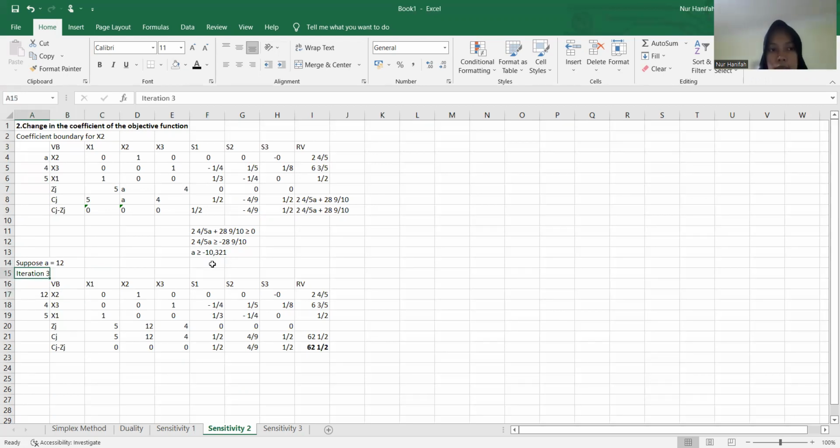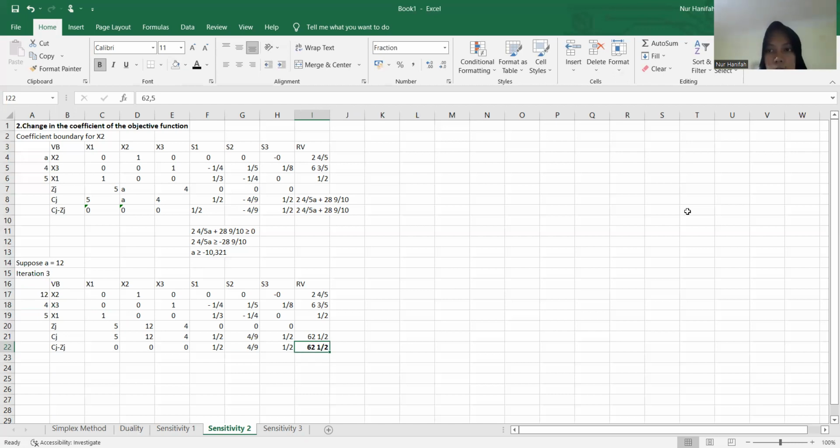We substitute a equal to 12 in this iteration. The coefficient of x2 is equal to 12, and then we compute, and we get the result. The optimum value is equal to 62 1/2 or 62.5.